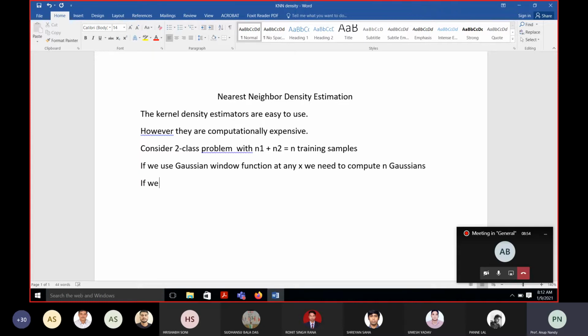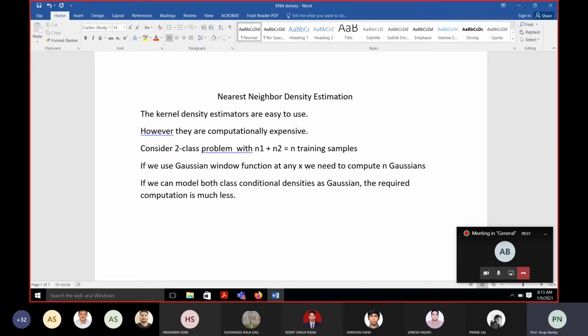And if we can model both class conditional densities as Gaussian, the required computation is much less.